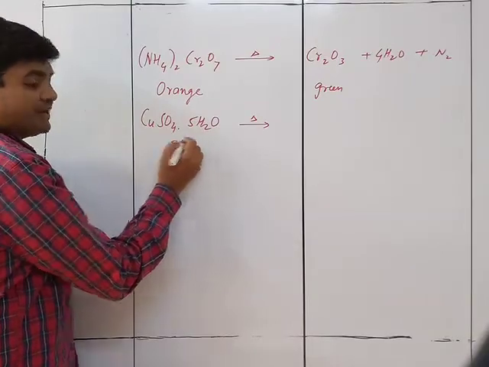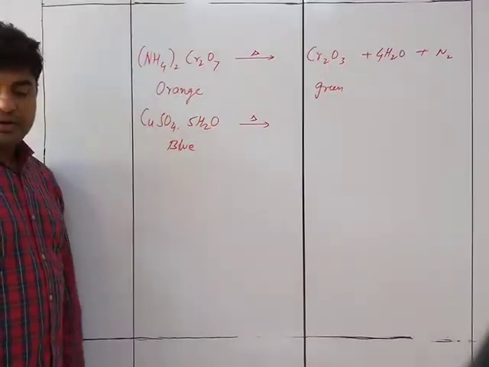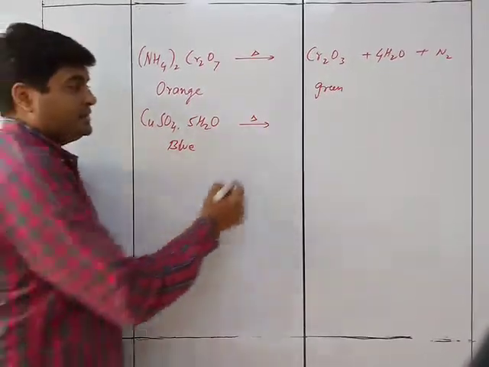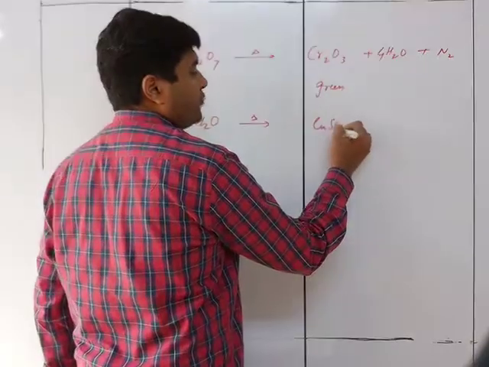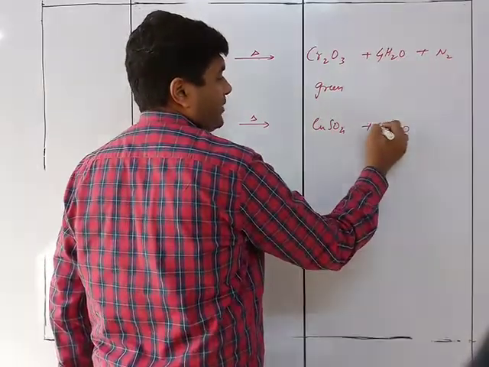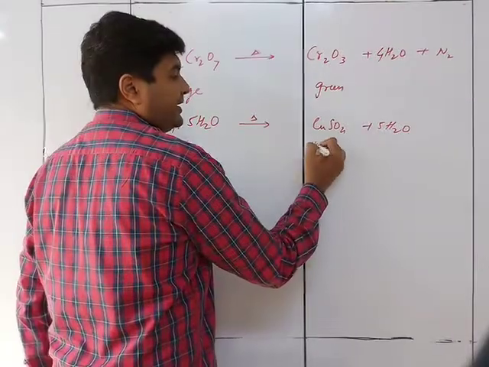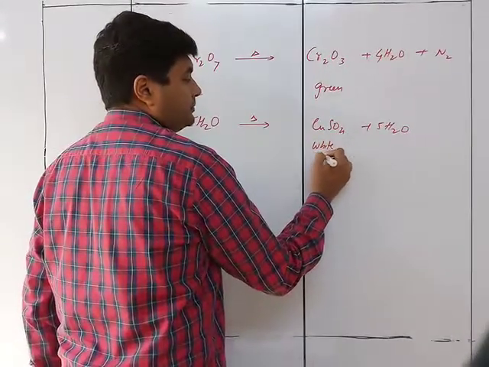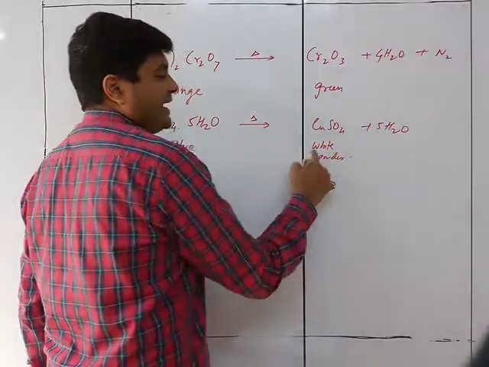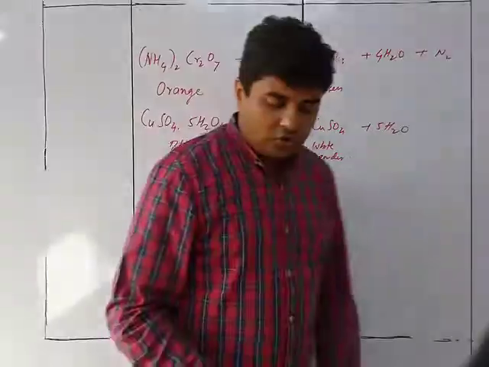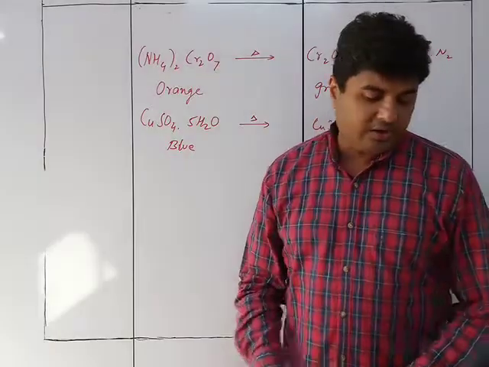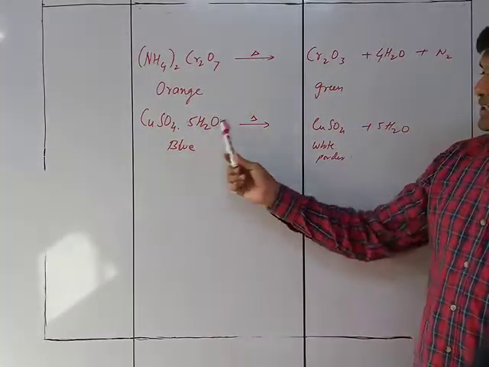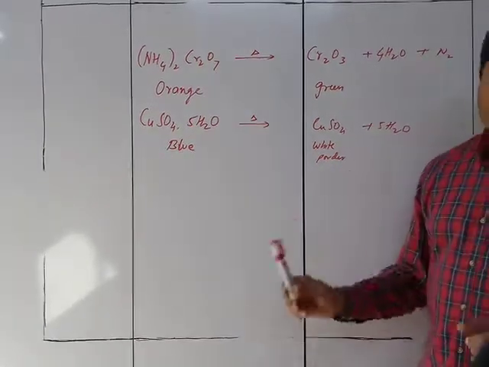So this complete crystalline form is blue in color, and when you heat this, it is just going to become CuSO4 plus 5H2O. Now this over here is white colored powder, anhydrous white powder. So you see that on thermal dissociation, a blue colored crystal turns into white colored powder.